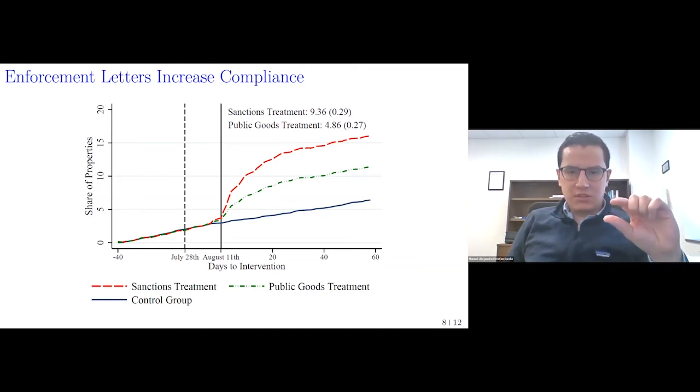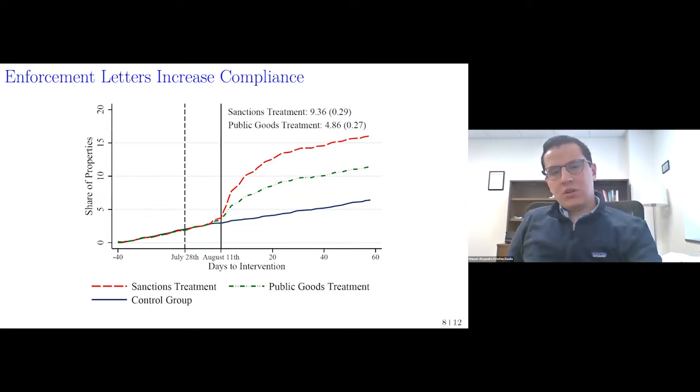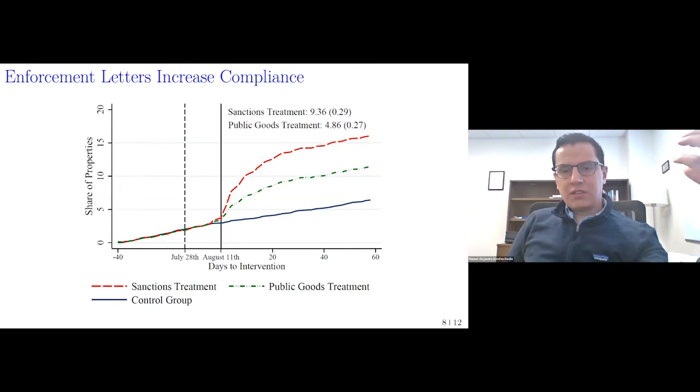However, the treatment effect estimate is 4.86 percentage points, which means that only about 1 in 20 taxpayers in this group was incentivized by the letter to make a payment. And so the overall takeaway of this graph is that the government can successfully enhance enforcement measures and raise tax revenue.